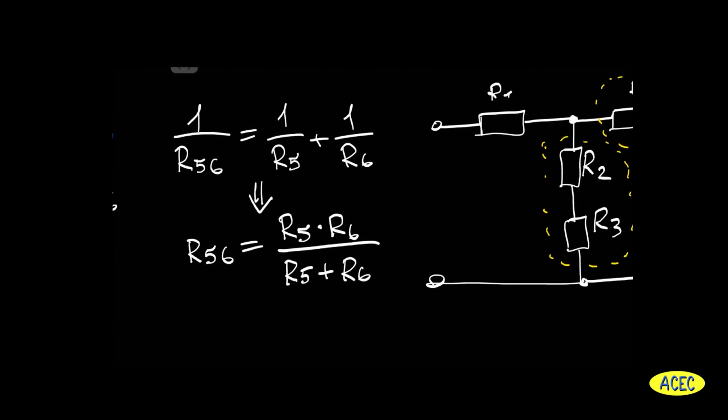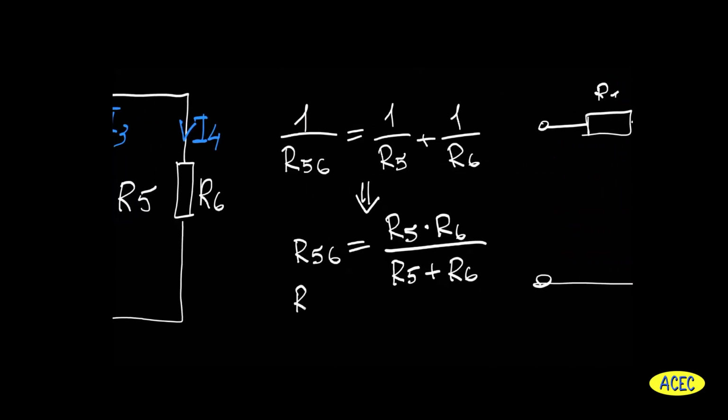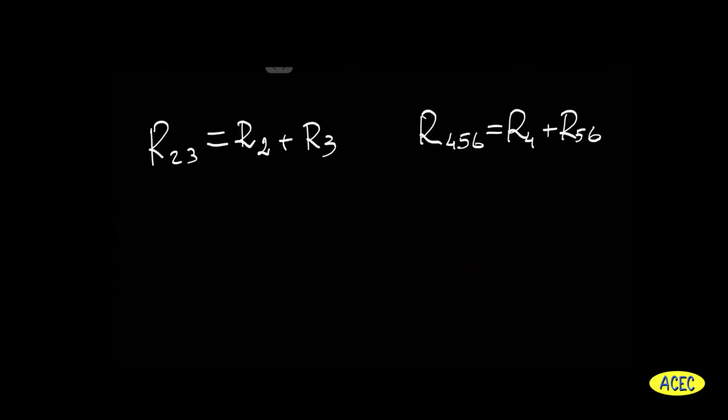when we found the first equivalent resistor, R56, and let's find its value. R56 is 1.2 ohms, okay. Next, let's find the values of resistors R23 and R456.